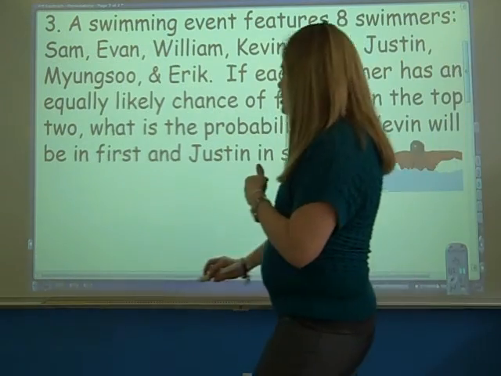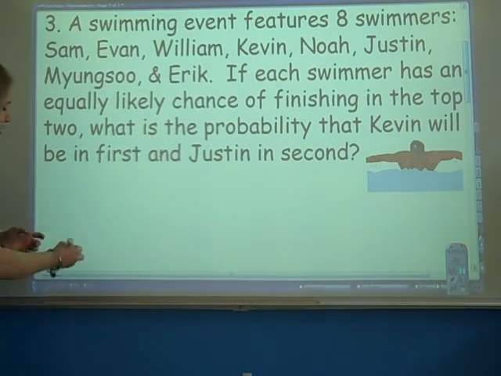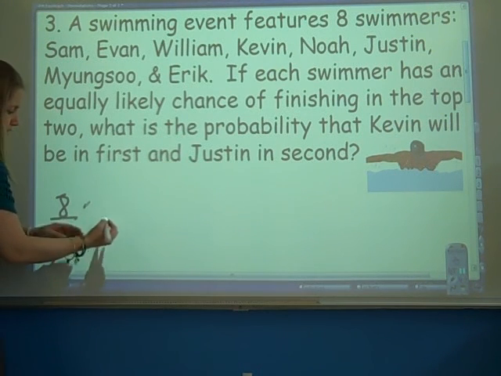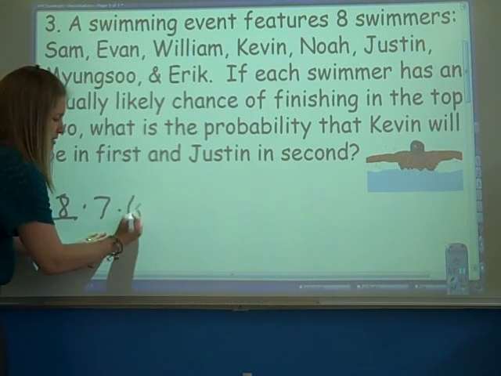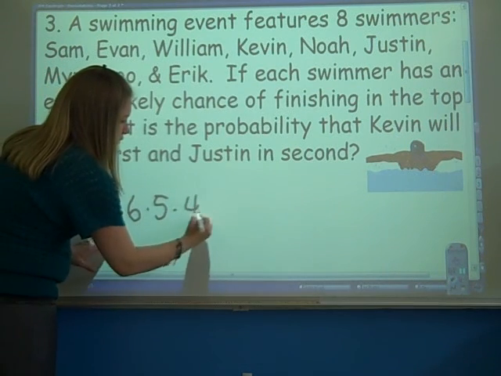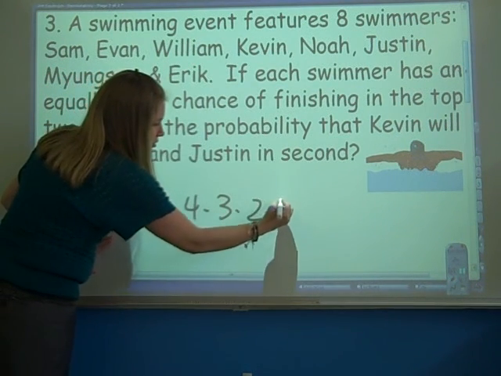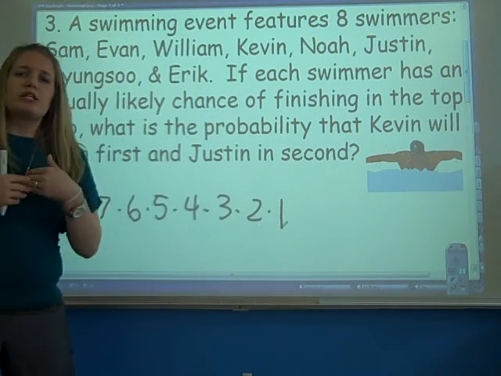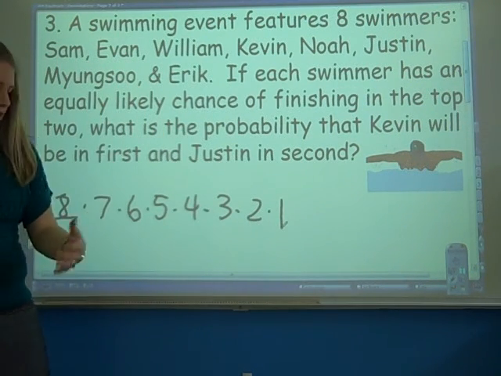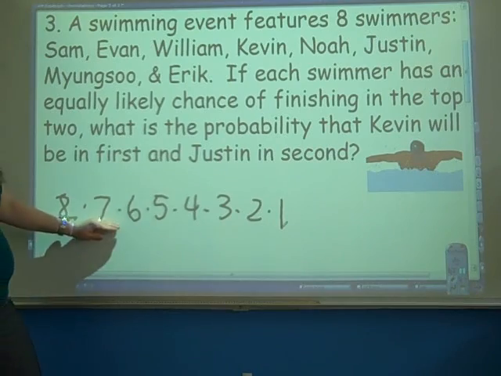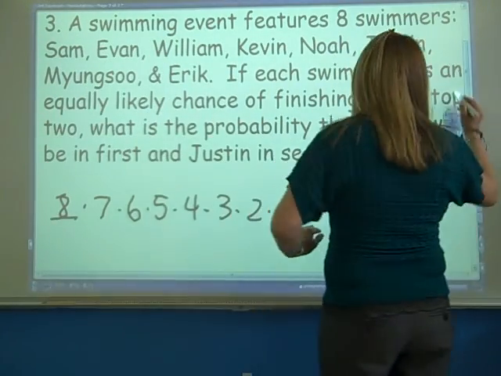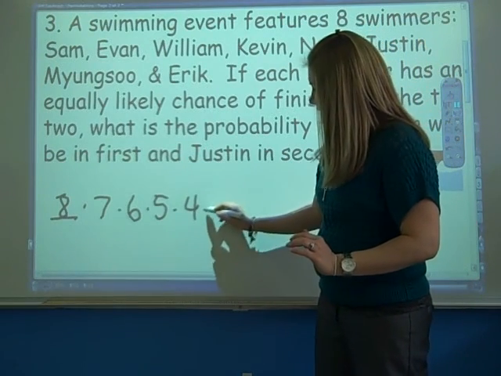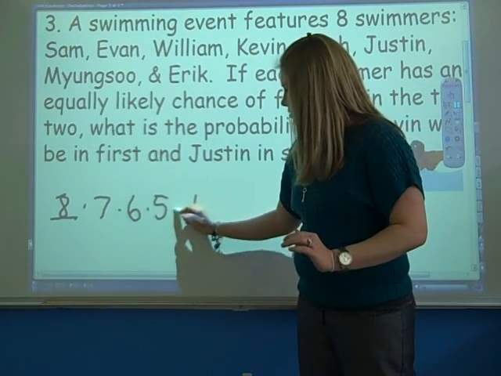The total amount of choices, you have 8 people, 8 people can come in first place, then second place will be 7, times 6, 5, 4, 3, 2, and 1. These are all if we went all the way out to the end. We're only talking about first and second. So that would be first place, second place. We don't need all the rest of these. This was if you were doing the entire race, all the combinations.